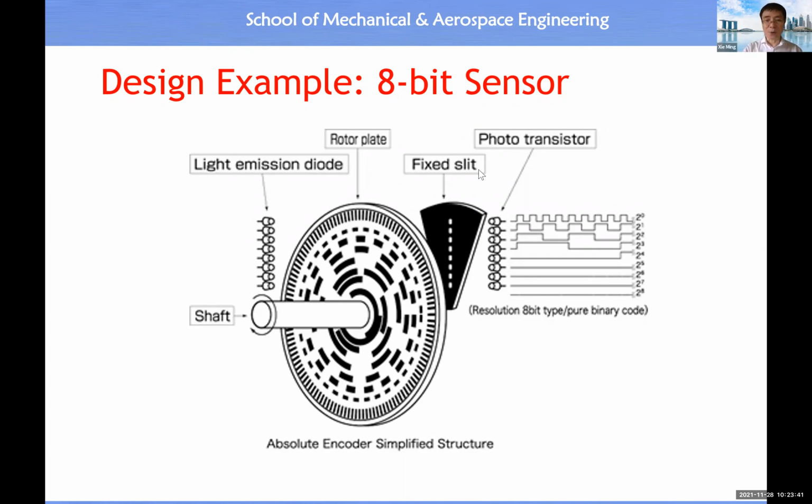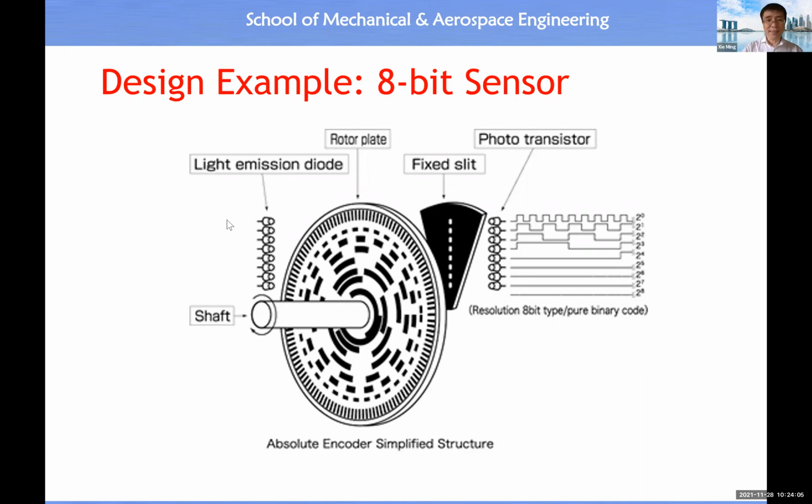All right, so with this type of sensor design, you will understand. We must have the photocell or the phototransistor, because a phototransistor means these are the photocells. Okay, so therefore we have 8 bits in the output.